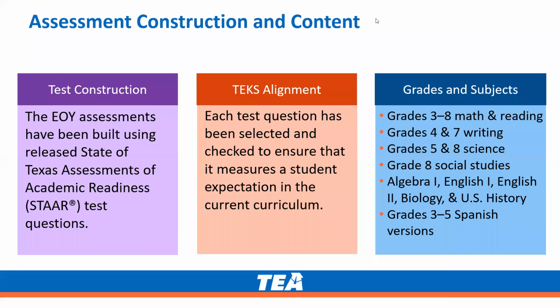But remember, the writing will not have a prompt. It will be multiple choice only. Also 5 and 8 science, 8 social studies, Algebra 1, English 1, English 2, Biology, US History, and the 3 through 5 reading and math, grade 4 writing in Spanish. That was 3 through 5 reading and math in Spanish, and grade 5 science in Spanish. And again, the English 1 and 2 will not have a writing prompt.